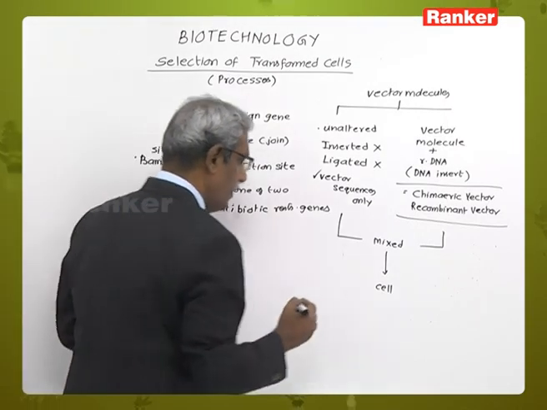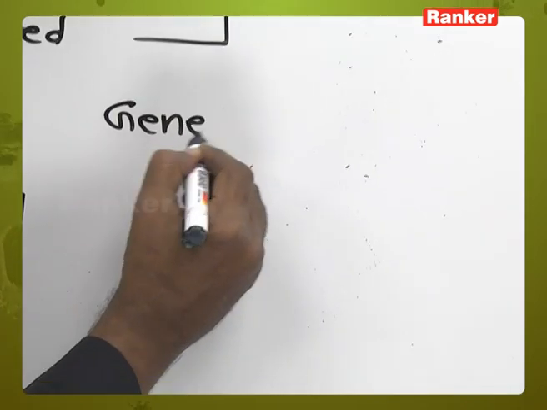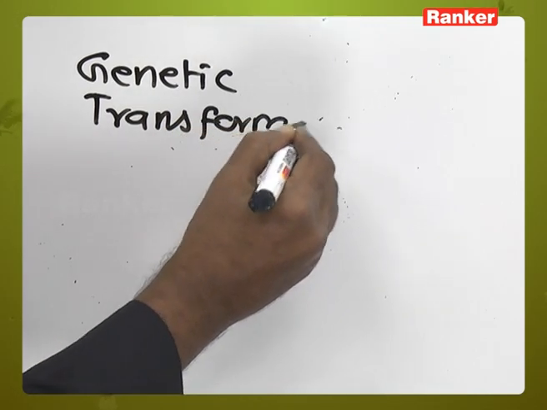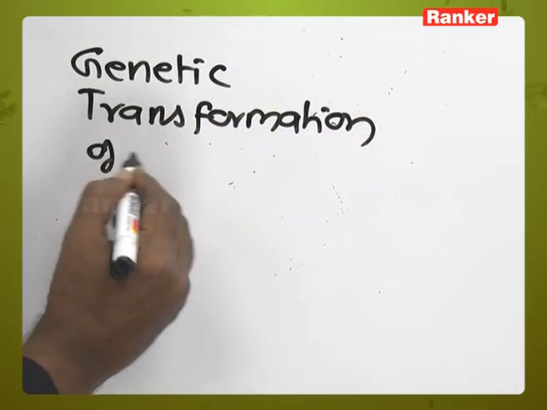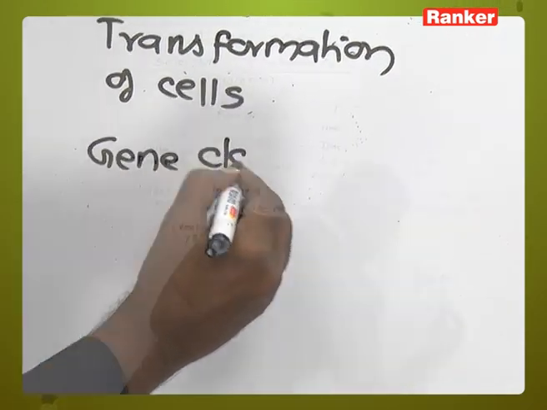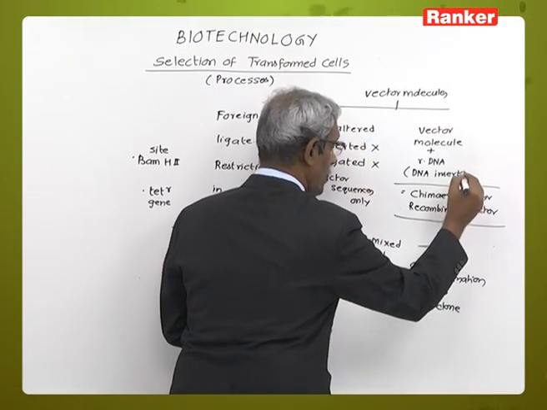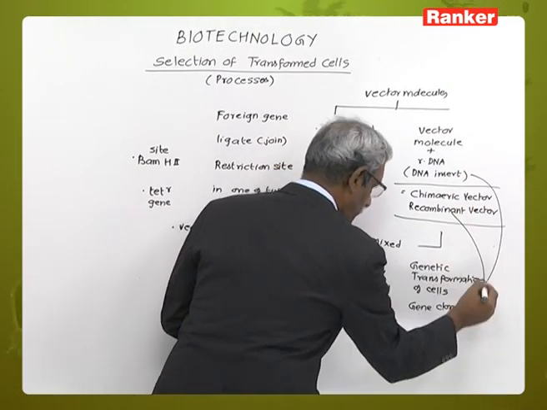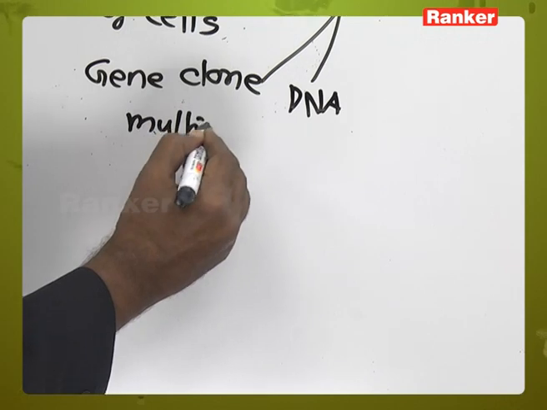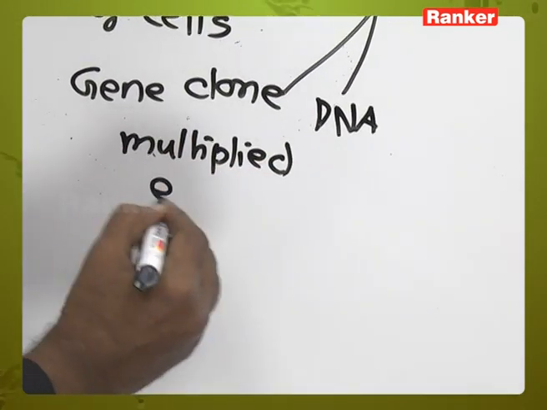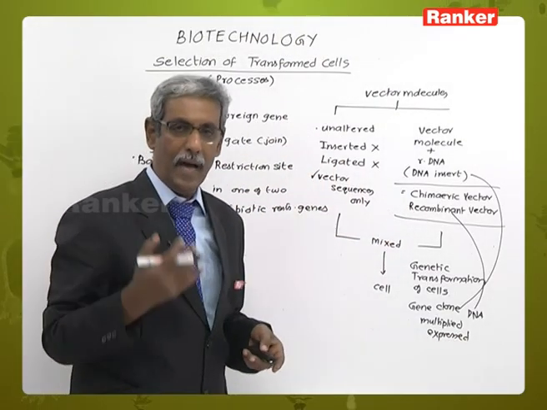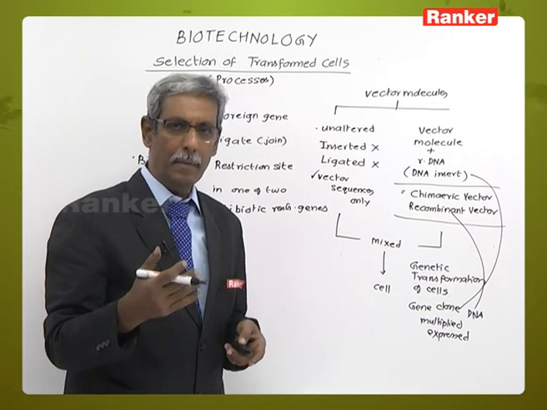So, if we are looking at genetic transformation of cells, wherein you have a gene clone, that is your recombinant DNA, it can be multiplied and also expressed, because a DNA will have to make an RNA and an RNA will have to make a protein, and the protein makes the enzymes.